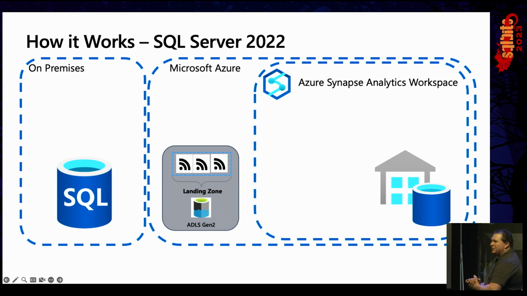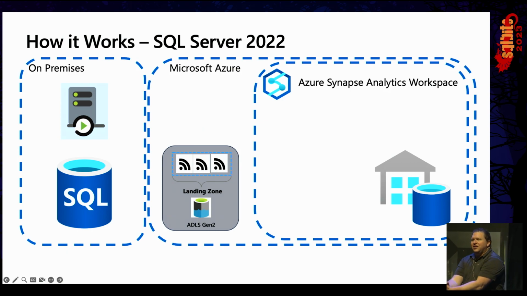Anyone familiar with IoT scenarios knows you always want a buffered ingestion point. You don't want your IoT devices writing directly into your data store. Same concept here. We don't want bottlenecks on either end holding up the other end. So SQL is going to use this landing zone. We put the data there, Synapse picks the data up and brings it into its environment.